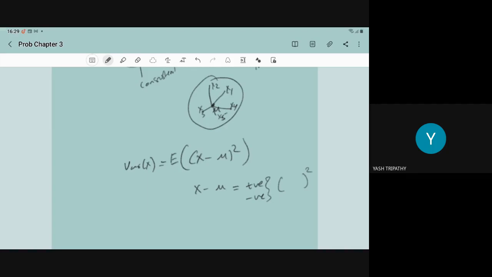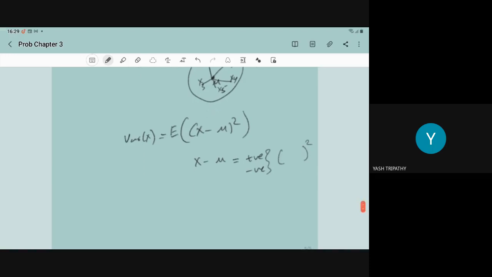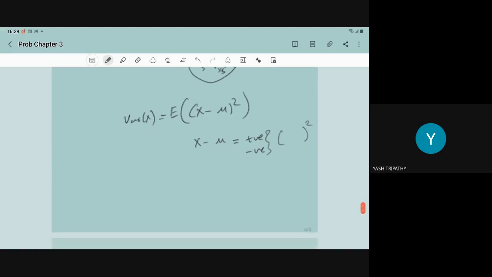But that is not of much use because whatever difference you have squared changes the units. So to avoid that, we take the square root of the variance, and that we denote by sigma, known as the standard deviation.